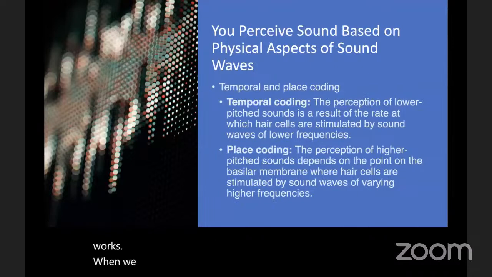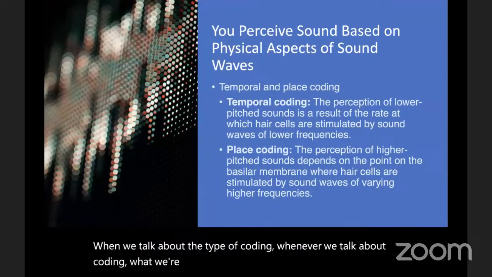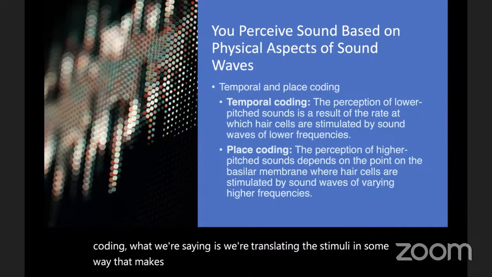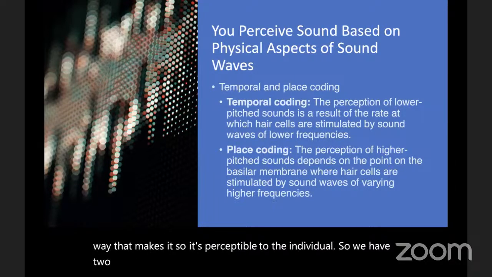When we talk about coding, what we're saying is we're translating the stimuli in some way that makes it perceptible to the individual. So we have two types of coding sound. We have temporal coding and place coding.